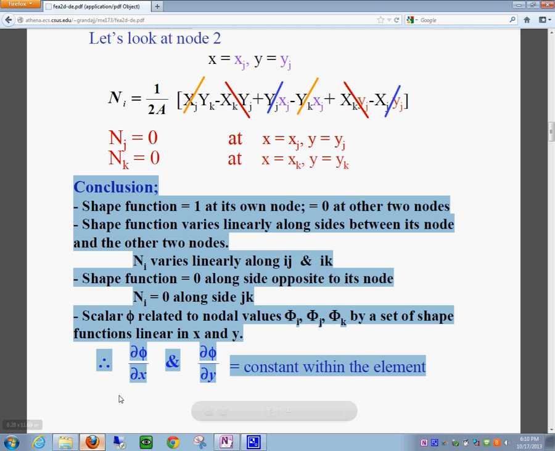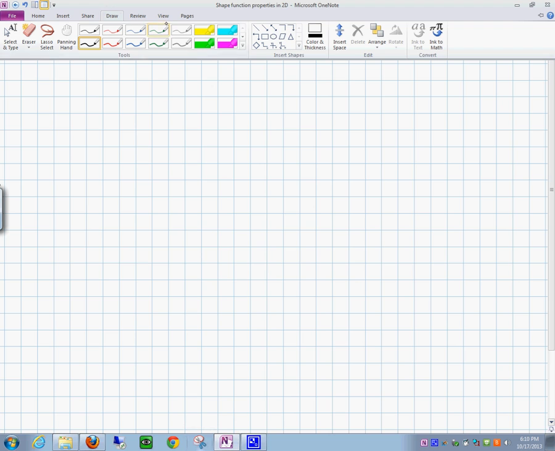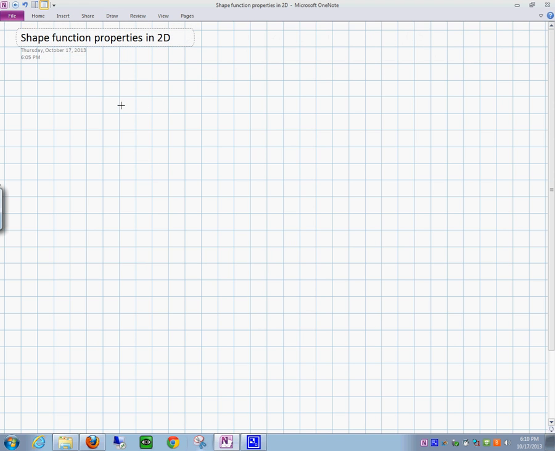Alright, so let's go back and actually draw a two-dimensional finite element, and we'll go from there. I'm going to choose to draw a line from here to here, like that.